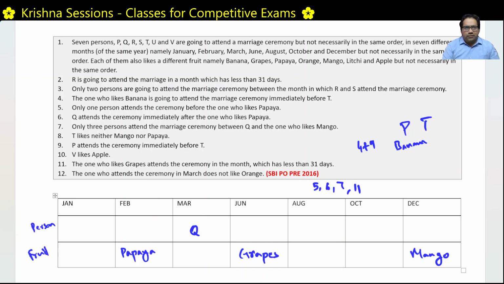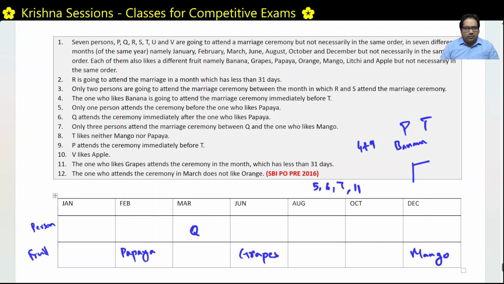Now, we have to fit this. The slot is something like this. We have to find some kind of structure like this, where there is a slot for fruit, a slot for person, and another slot for person. What is that option? One is this slot, one is this slot, this inverted L. And then this slot is not there because papaya is there.